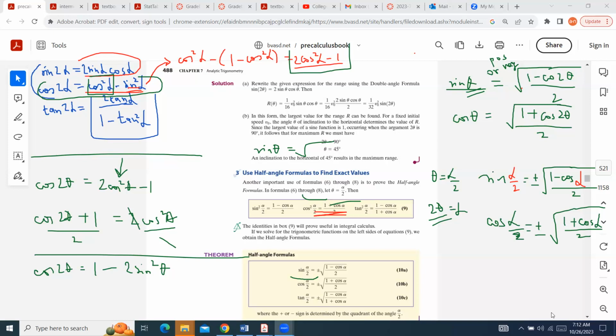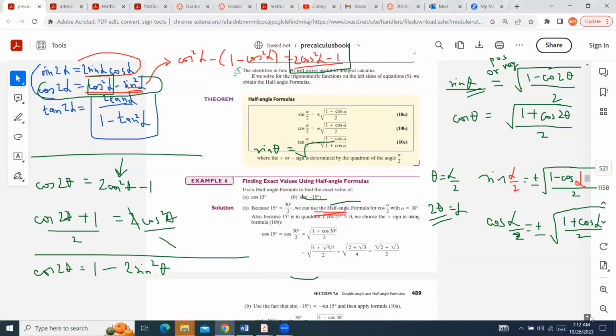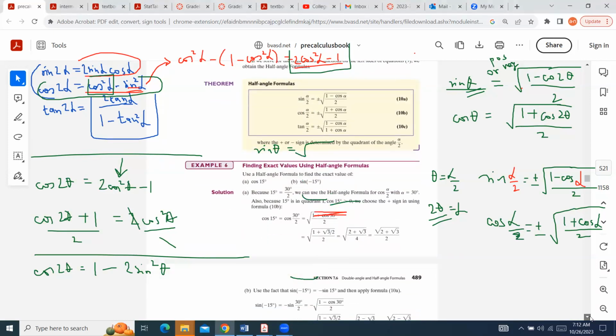Well, this is another pair of formulas. Actually, they have one for tangent as well. If you divide sine by cosine, you can probably see that the 2s will cancel, because it's analogous. If you put sine on the top, which is 1 minus cosine, and cosine on the bottom, so it'll be 1 plus cosine, the 2s will cancel.